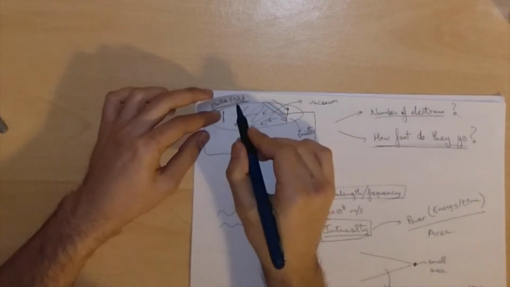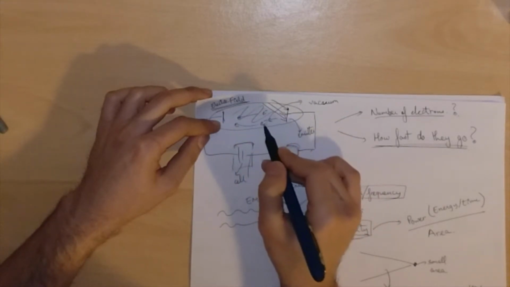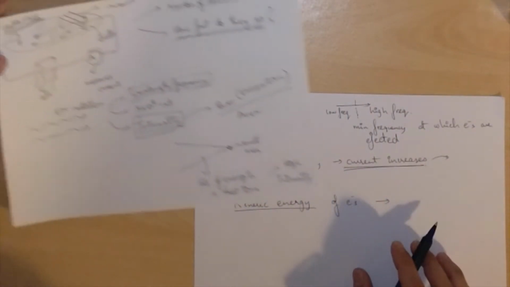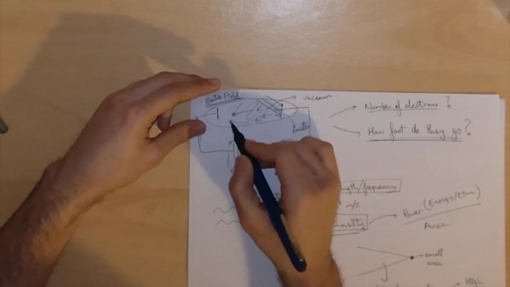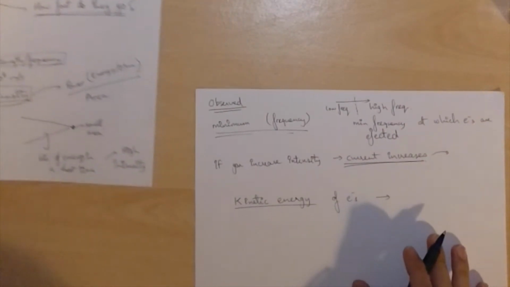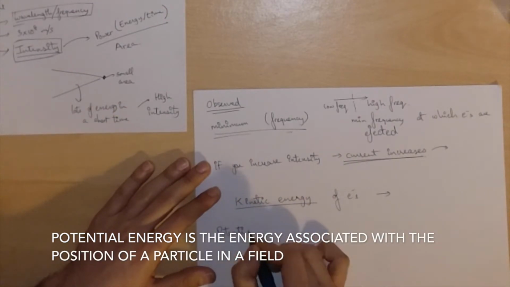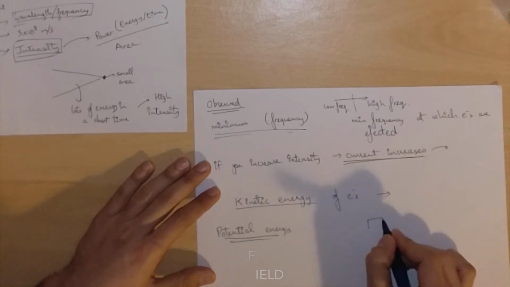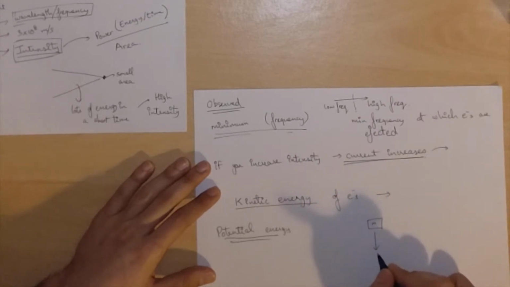So remember, a field, and especially an electric field, is something that can interact with these charged particles. So charges interact with electric fields. So in the presence of a field, just in the same way objects with mass interact with gravitational fields, charged particles interact with electric fields. And in that way, we also have an associated potential energy. So in the same way as if you lift a box up and leave it, it's going to fall. So that's a box of mass m. It's going to fall to the Earth.